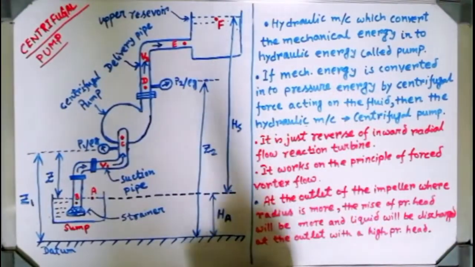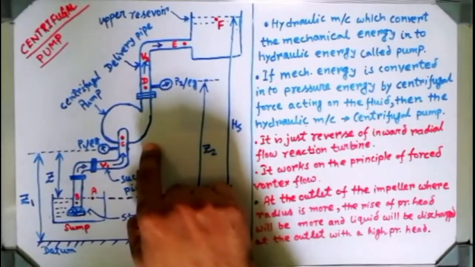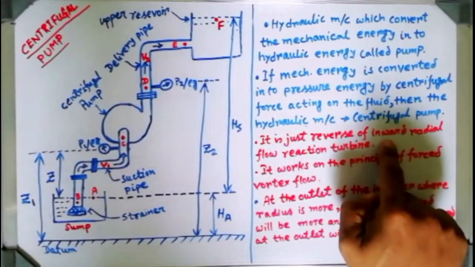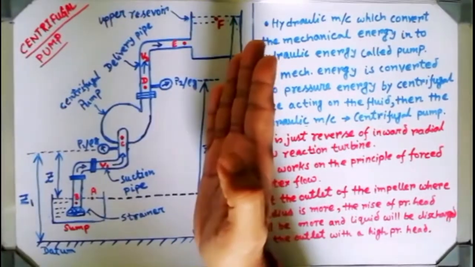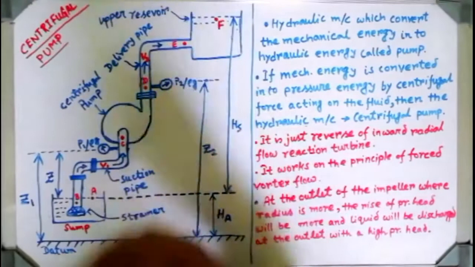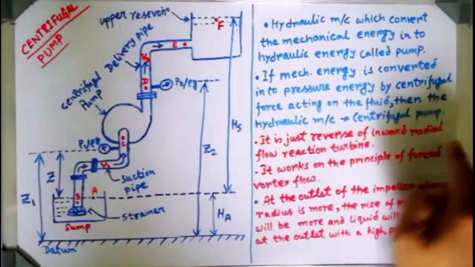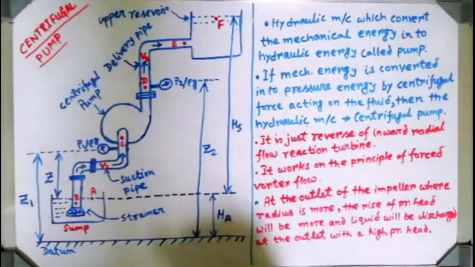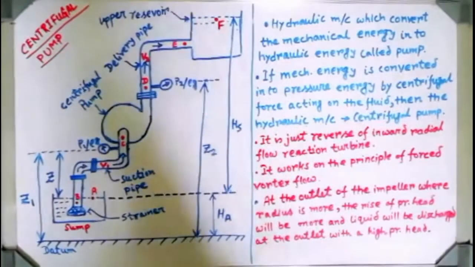Radial flow will be there, but it is inward, and this one is outward. Obviously if it is reversed, then it should be outward. So the working fluid will be going outward radially from the center to the outer periphery. This is the reason why we say it is the reverse of an inward radial flow reaction turbine, and that is nothing but the Francis turbine. So the centrifugal pump is just opposite of the Francis turbine.